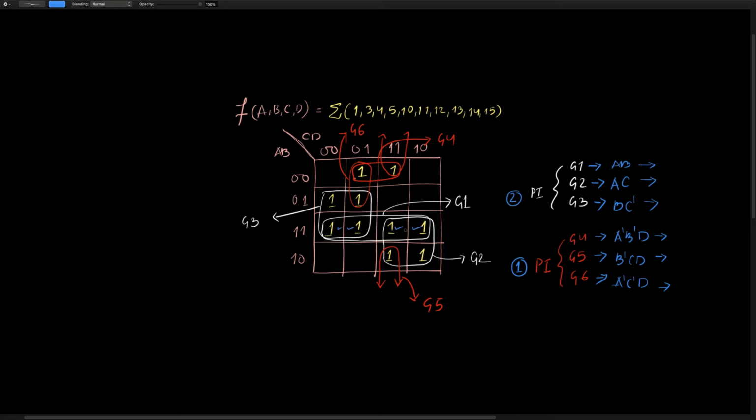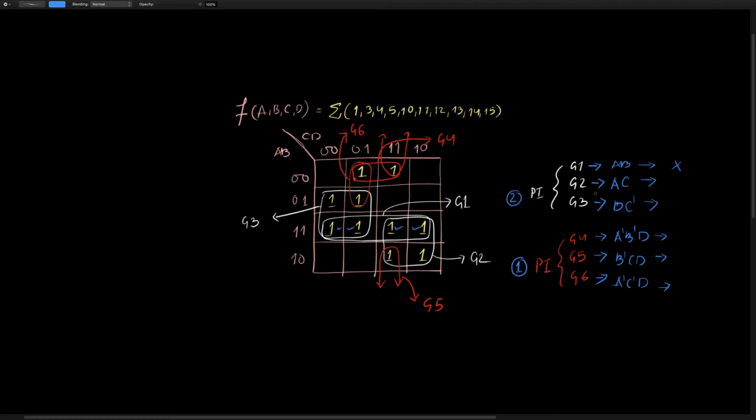In this group, all the ones are attended by all other groups except G1. These two ones are also attended by G3, these two ones are also attended by G2. So there is overlapping, so we can say this is not essential, because we need at least one cell that is not attended by any other group.